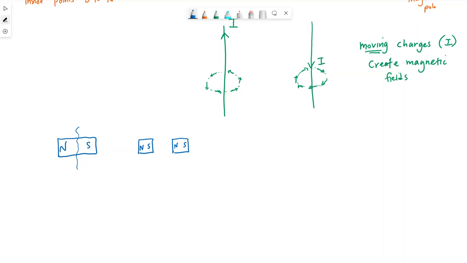So I cannot isolate a north pole from its south pole as far as magnets are concerned. In terms of permanent magnets, it is believed to be the spin of the electron.